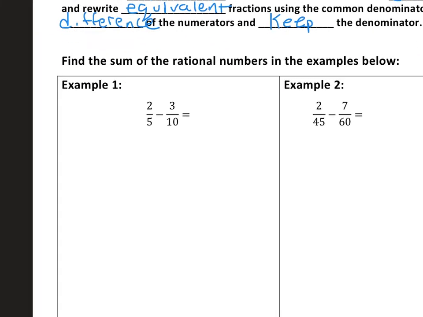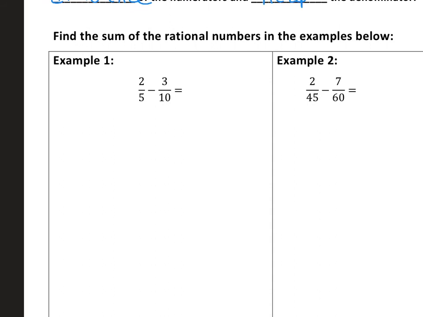All right, let's take a look at an easy example here with rational numbers. I've got 2/5 minus 3/10. I'm going to rewrite 2/5 using an equivalent fraction. I want to rewrite this in tenths, so that means I'm going to multiply 2/5 times 2/2 so that I get tenths.